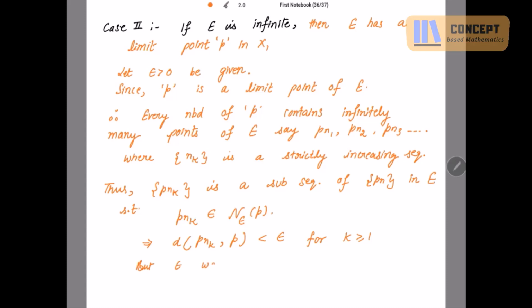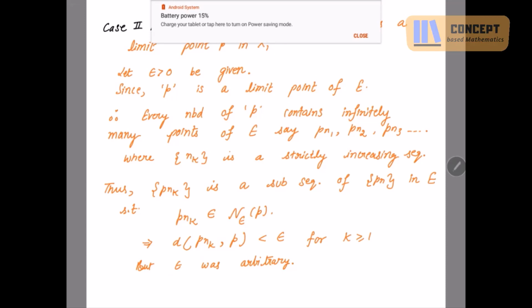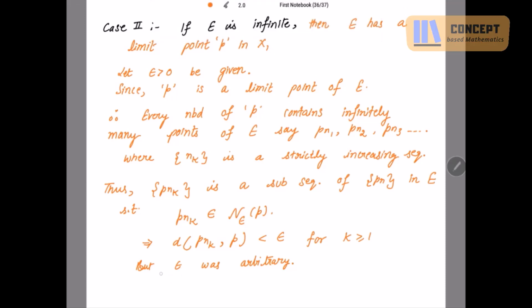epsilon was arbitrary. Do you remember the definition of convergence? Whenever the distance of the points from the single point is less than epsilon, then we say that this sequence is converging to the point P. This is the definition of convergence. So what does this imply?